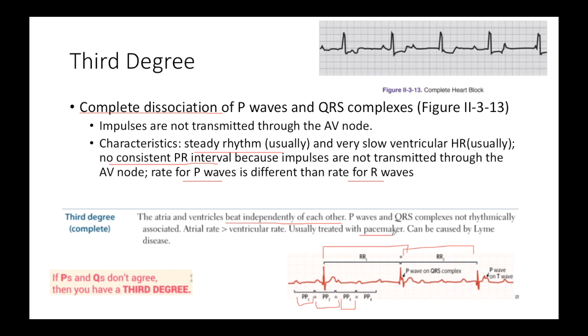A common cause of third-degree heart block includes Lyme disease. Can anyone tell me the offending organism for Lyme disease? Borrelia burgdorferi. Right. So what is happening in Lyme disease that is causing this heart block? Carditis?